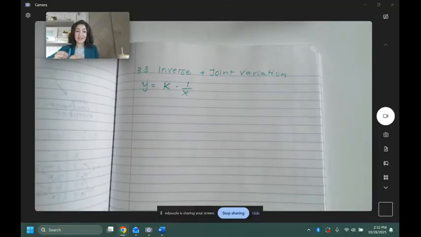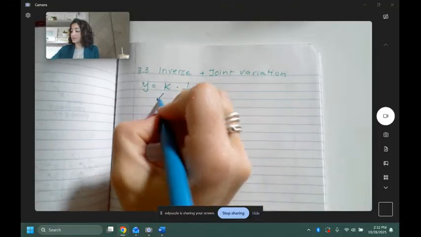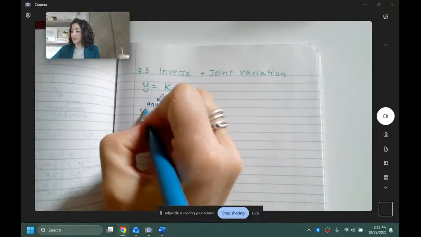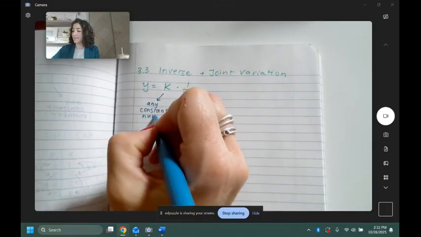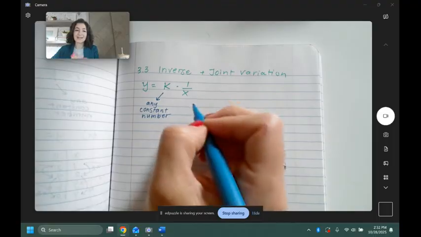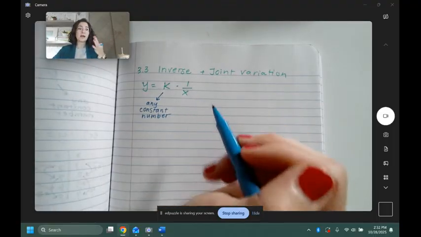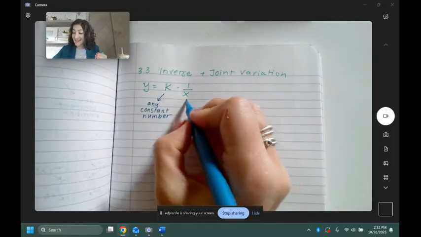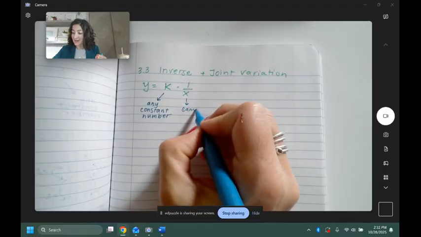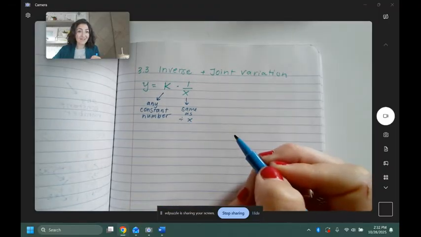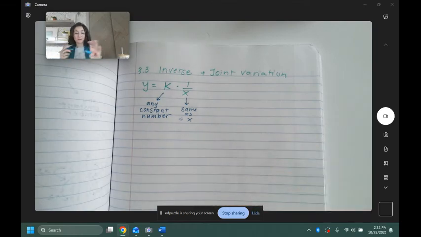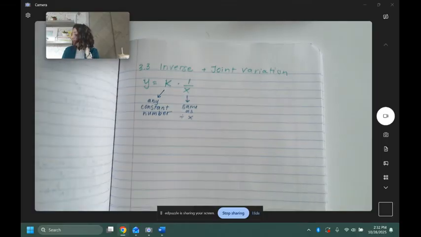So this is still any number, and then it's multiplied by 1 over x, which is the same as divided by x. So it's whatever's happening multiplication wise, the opposite is happening to the x.